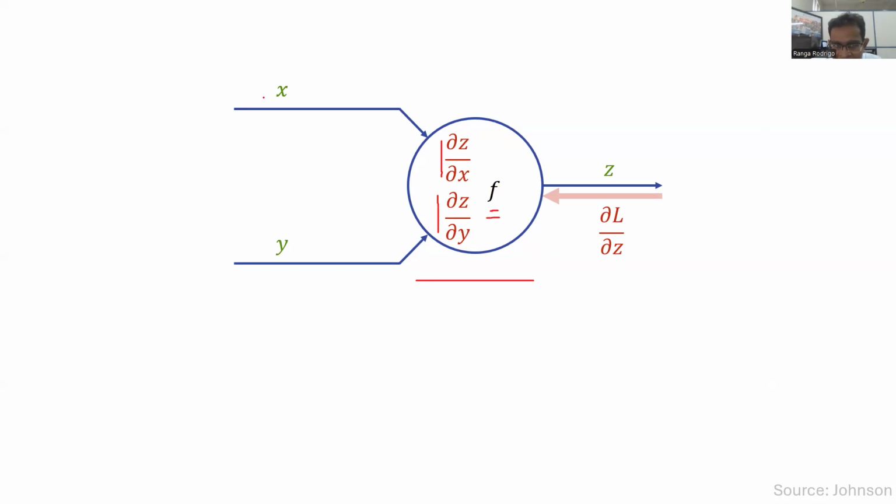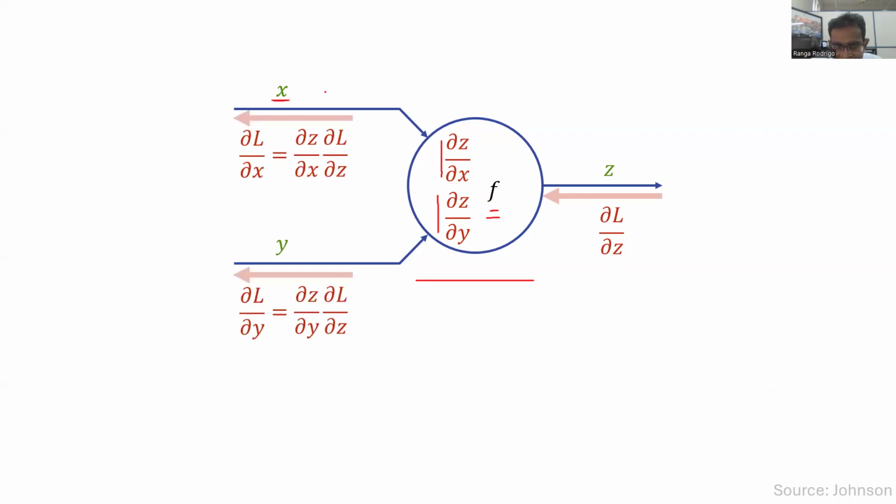Then how do you find the downstream gradients? That means partial derivative of L with respect to X. That is partial derivative of Z with respect to X times partial derivative of L with respect to Z. So this is the chain rule, right? It's very easy.